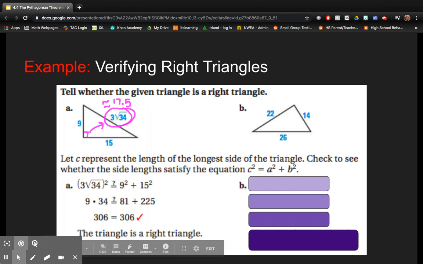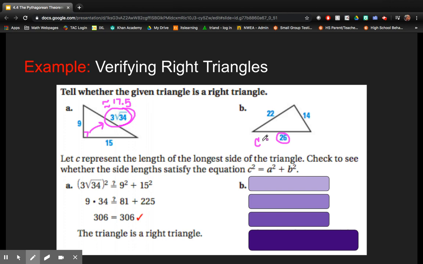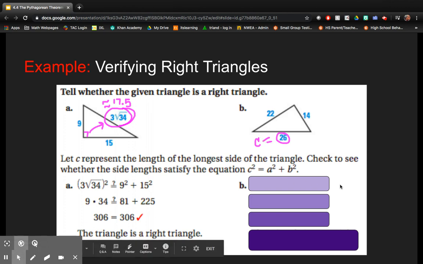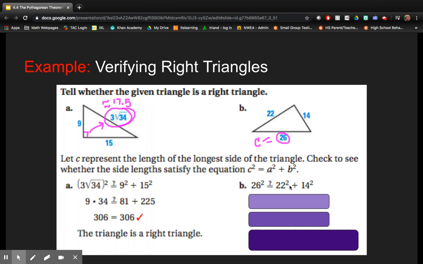Let's try that again. Here is my C. I know that because it's my longest side. So the question becomes, is 26 squared equal to 22 squared plus 14 squared?